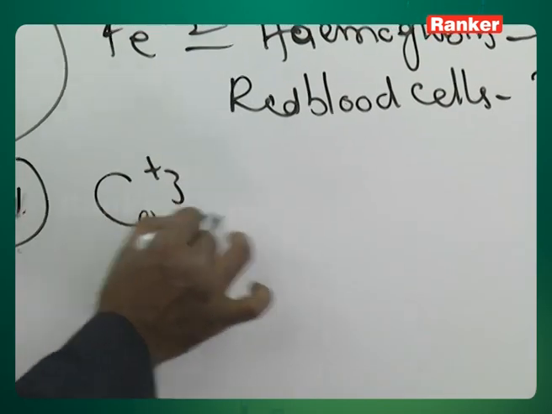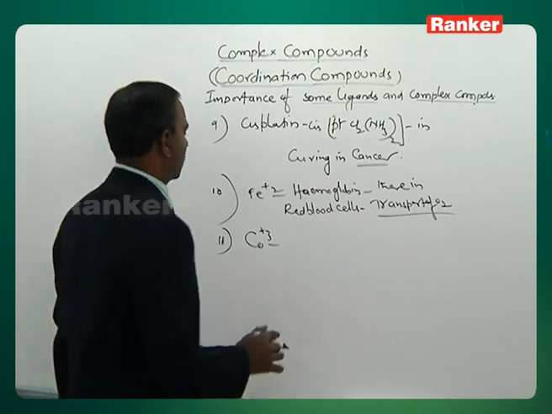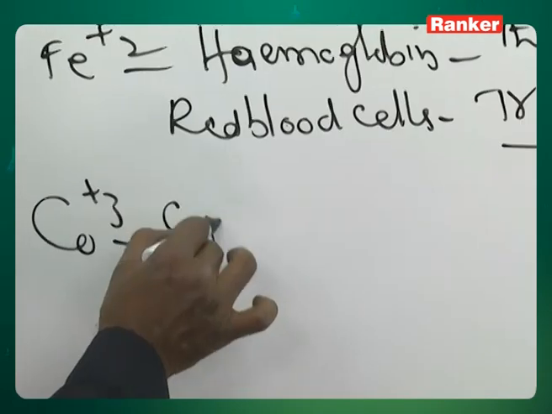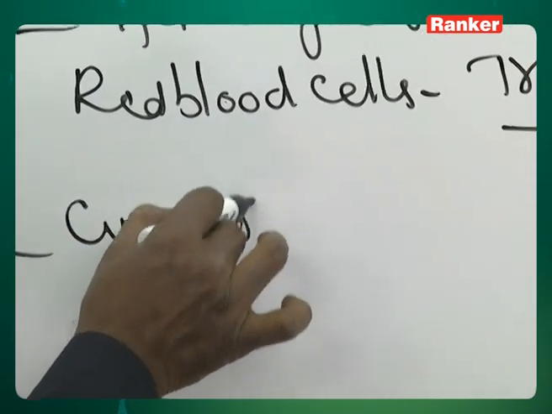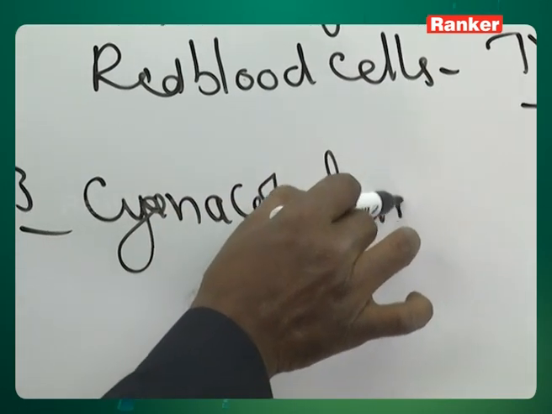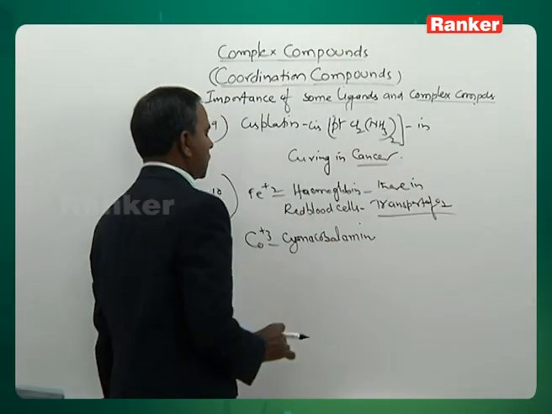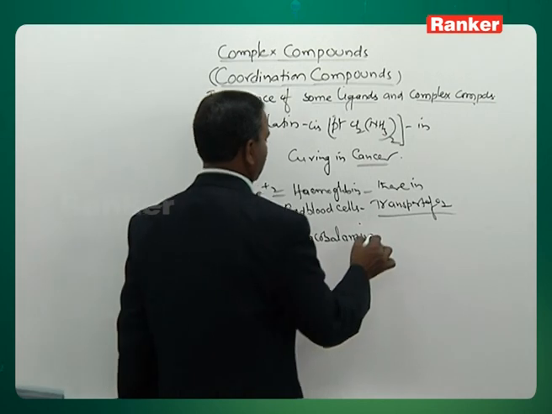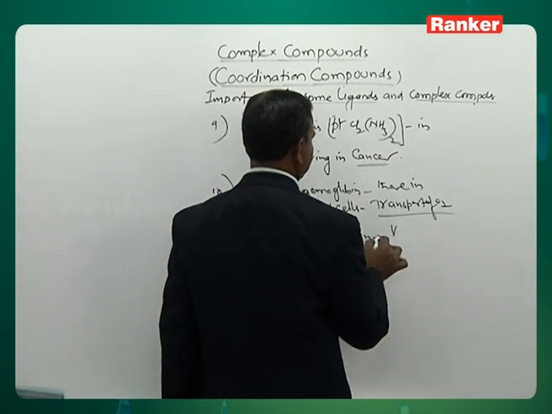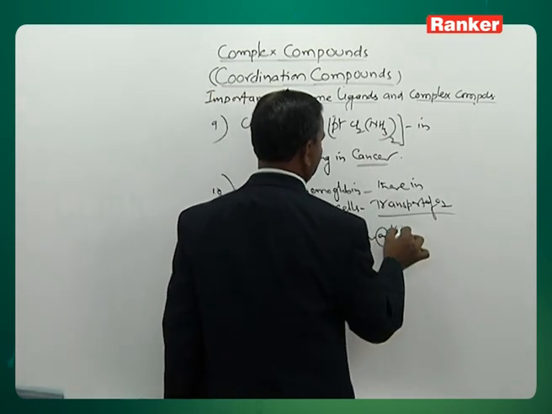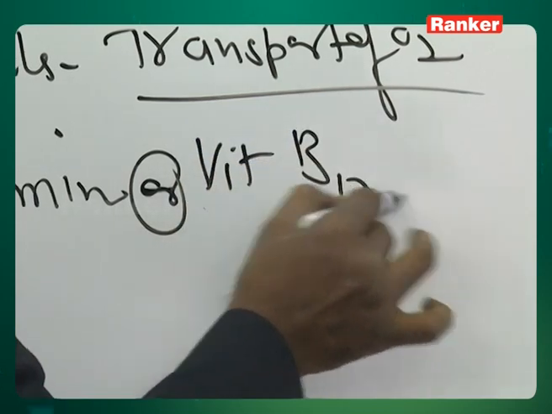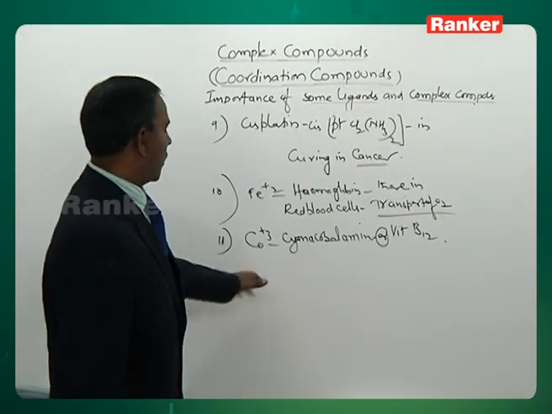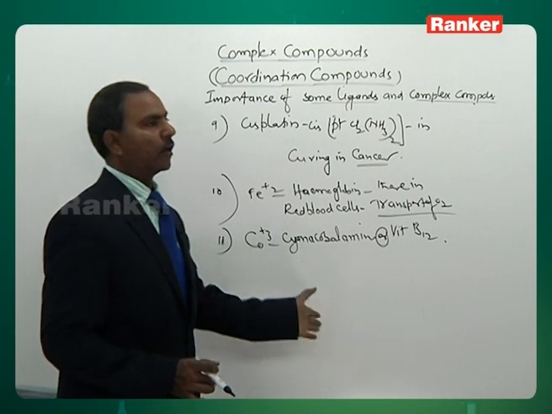Next one, a cobalt 3+ complex. What do you call it? Cyanocobalamin, or vitamin B12. Cobalt 3+ is there in cyanocobalamin or vitamin B12.